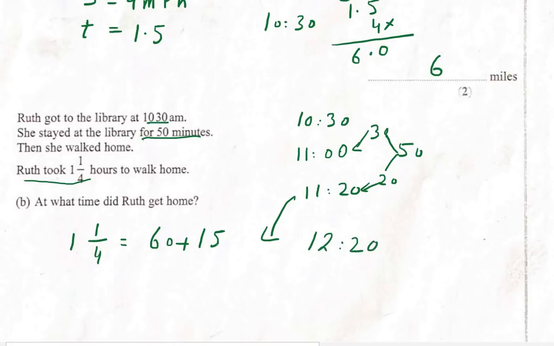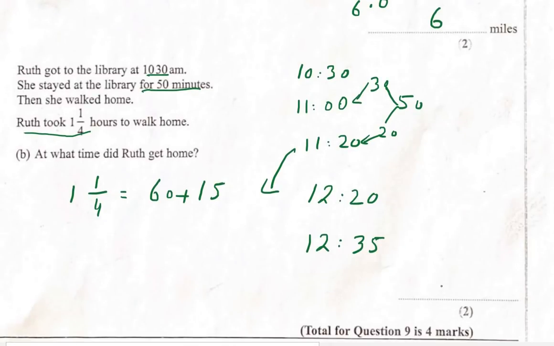Then there are 15 more minutes we need to add. So 20 plus 10 is 30, 5 more is going to be 12:35. So at 12:35 she reaches home.